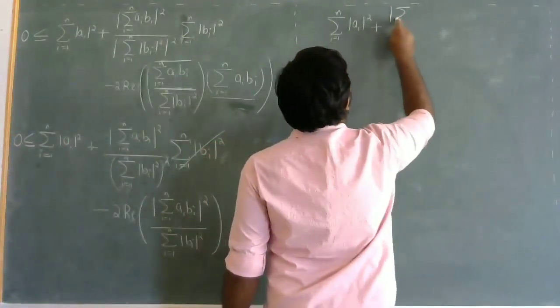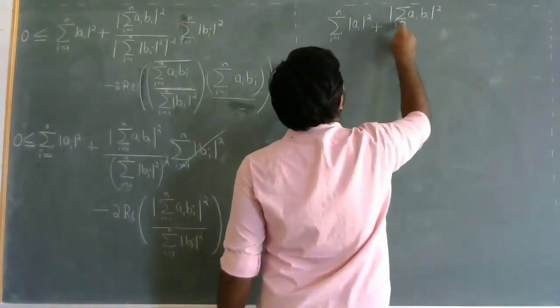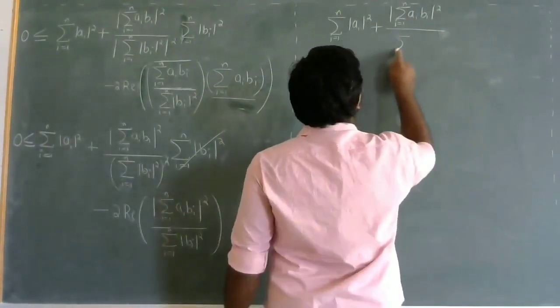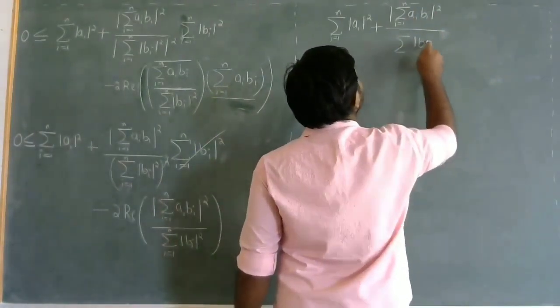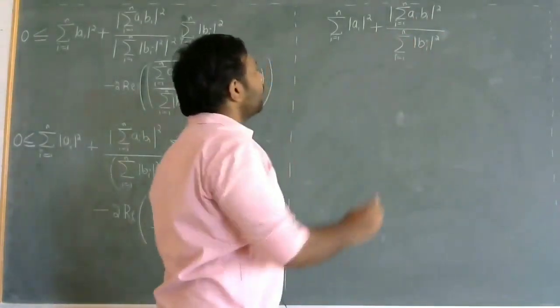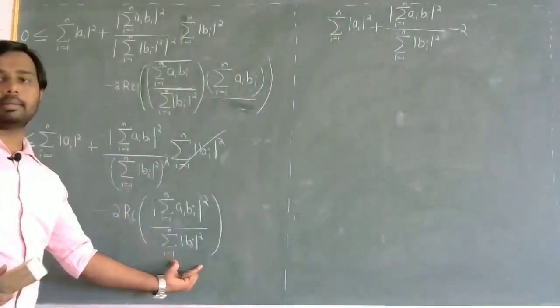So modulus summation ai bi whole square, i running from 1 to n, divided by 1 times summation modulus of bi square, i running from 1 to n, minus 2 into real part of this number.